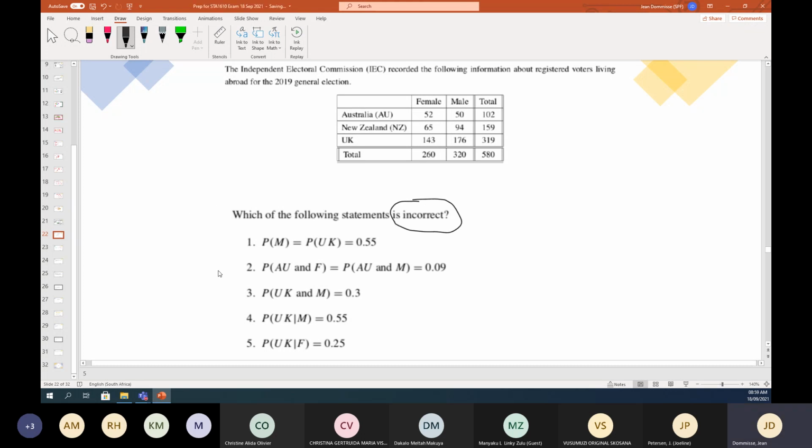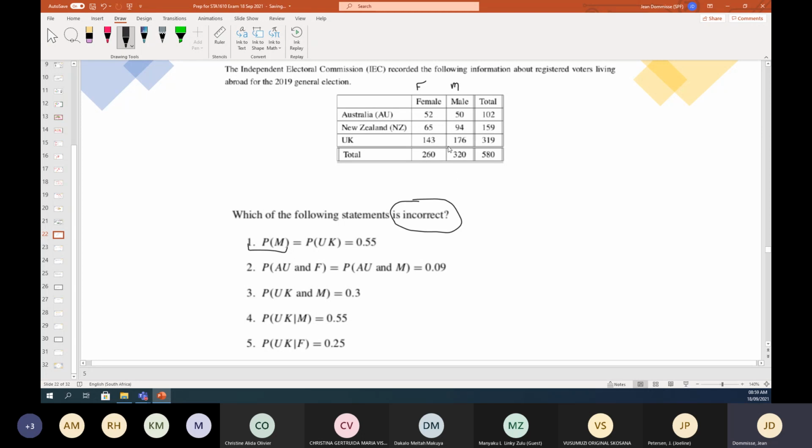Now we're looking for the incorrect one, but you can see they're asking basically the ones that we did about 2 or 3 exercises ago. So what is the probability of M? So let's look. Okay, so that must be M, that must be F.